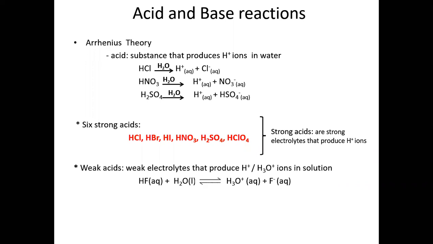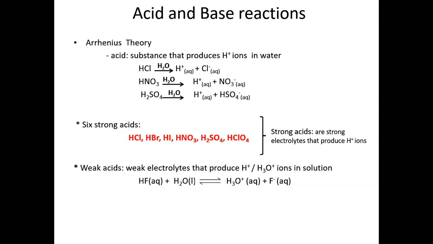And so the simplest theory of an acid is Arrhenius theory. And it simply says that when you put a compound in water, if it produces H+ in solution, it's called an acid.